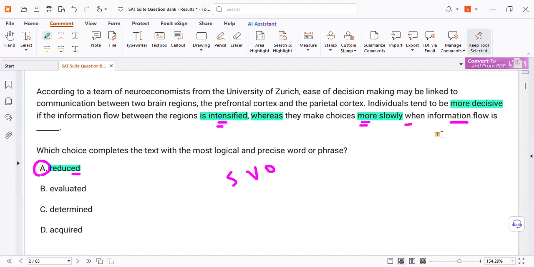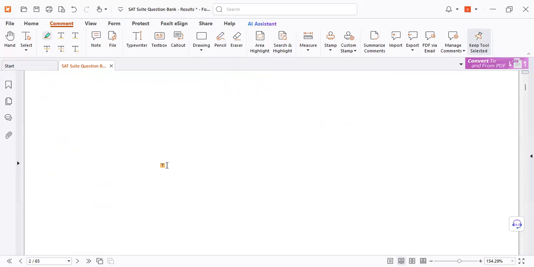If you said information flow is evaluated, we are talking about evaluation of information, but here there is no information about assessing or evaluating. If you said more information is acquired, we are not talking about acquiring information or understanding. So about reduced. That's why. Try again. Follow the same one.